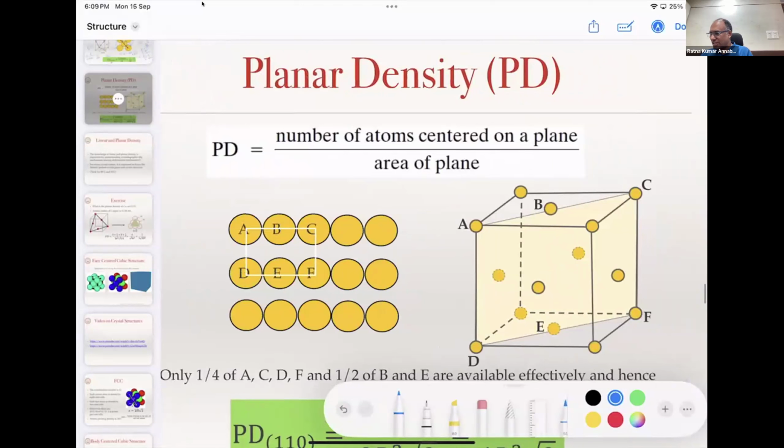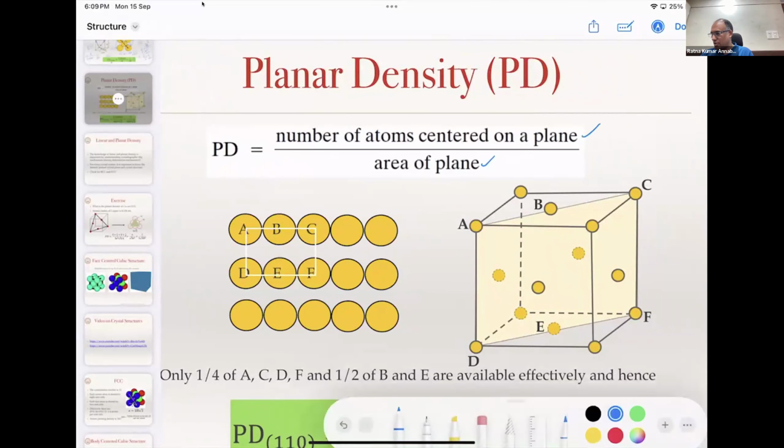The definition is the number of atoms centered on a plane. In linear density, you take the length of the vector. Because it is planar density, you have to take the area of the plane. The unit for linear density is per meter, and for planar density it is per meter square. You have to be very careful.